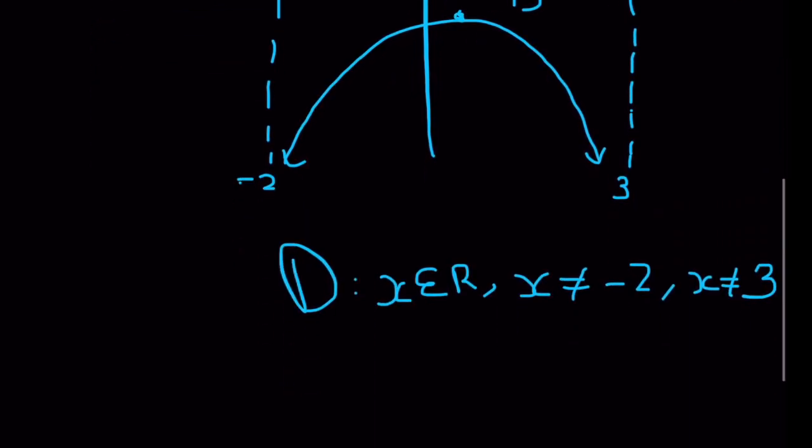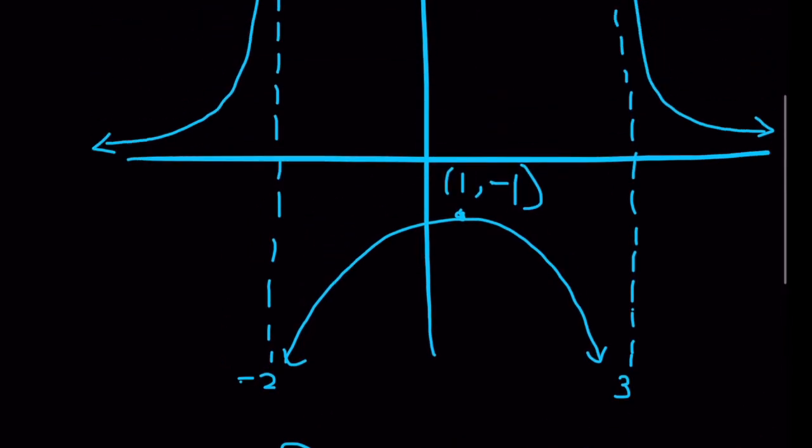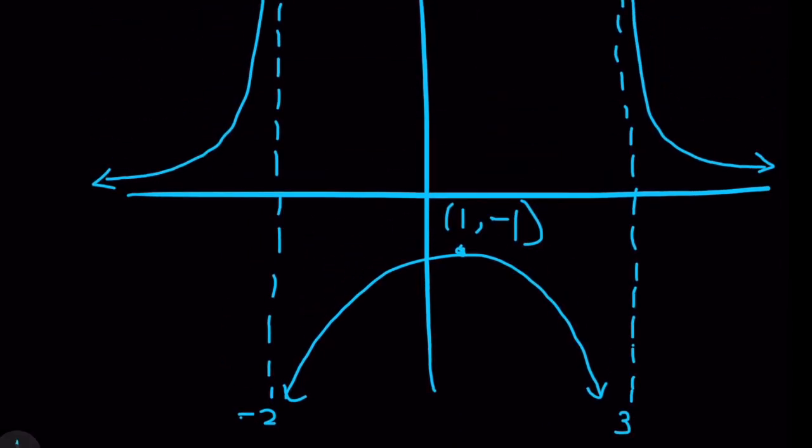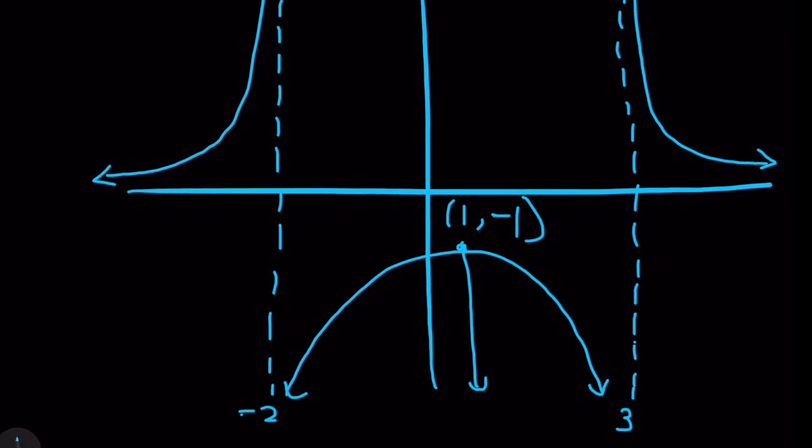Now to find the range. The range is y is all real numbers. Now we can see that the range is from this point minus 1, and it keeps going to infinity, and it starts from here and goes from 0 to infinity.